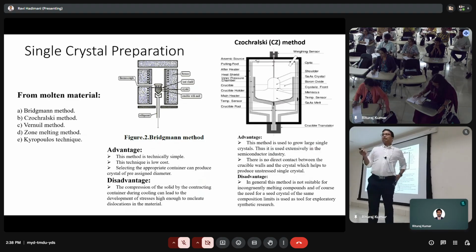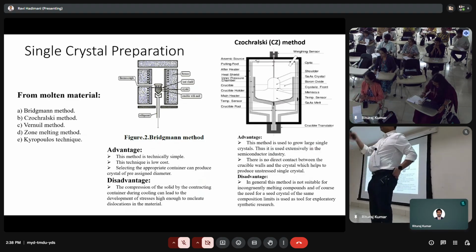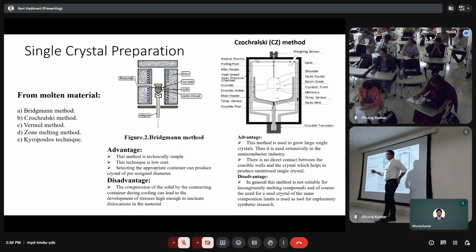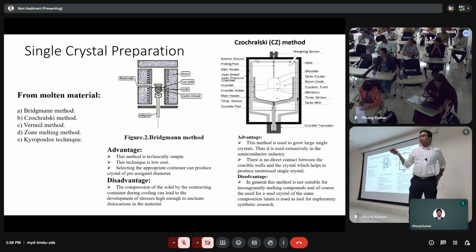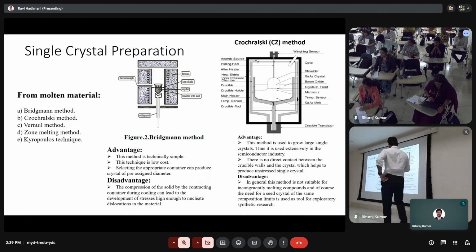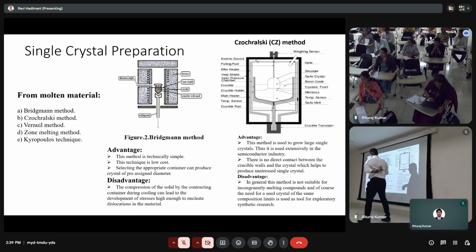Single crystal, right? Because in polycrystalline, you have grains that impede the motion of electrons. Likewise, for mechanical properties, the grains will act as pinning sites and impede the motion of dislocations. So you will have higher yield strength, but they are less ductile, more brittle, whereas single crystal will be more ductile for the same material.